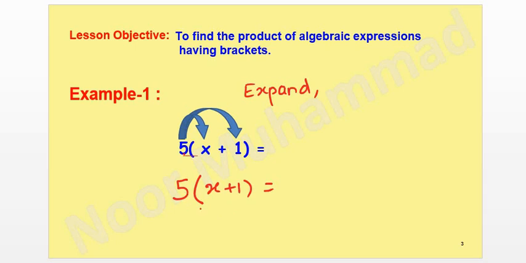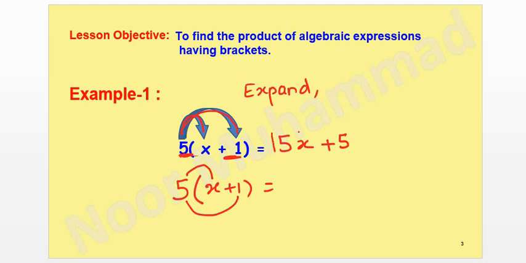How can we distribute? This is the distributive property of multiplication. First you will multiply 5 with this x, and then you will multiply 5 with this 1. So 5 times x will give us 5x, and then 5 times positive 1 will be positive 5.